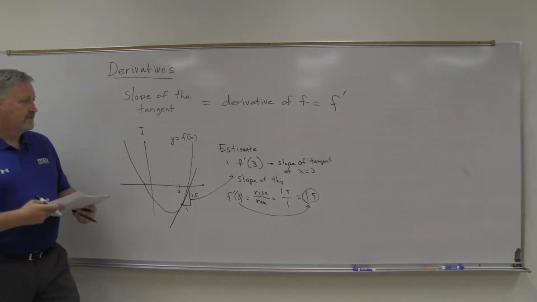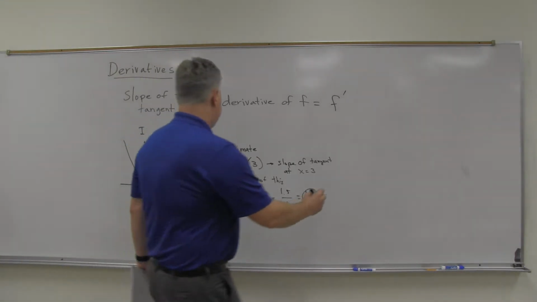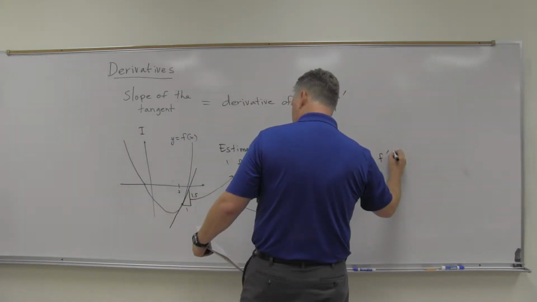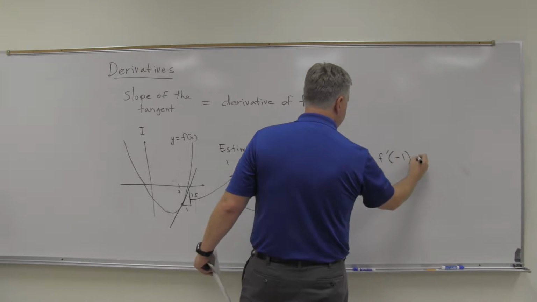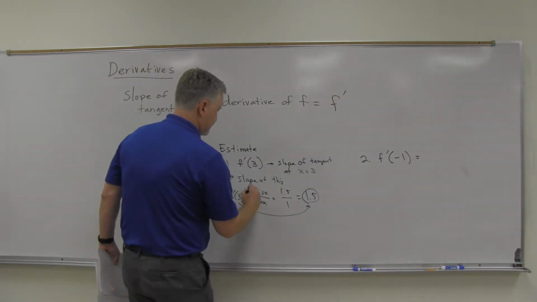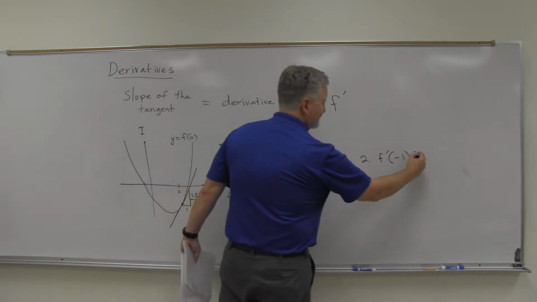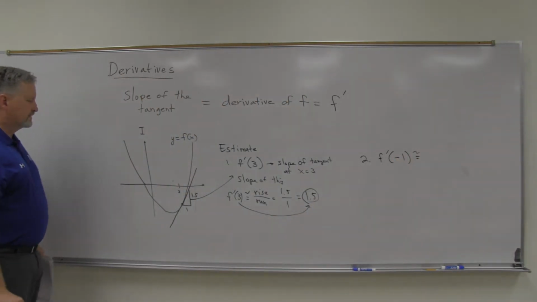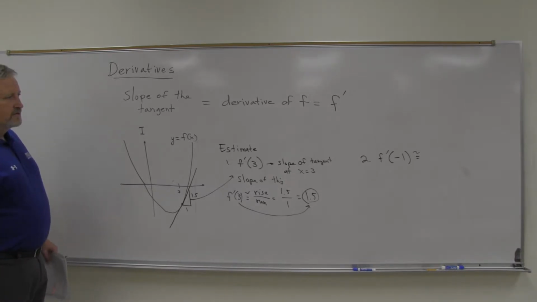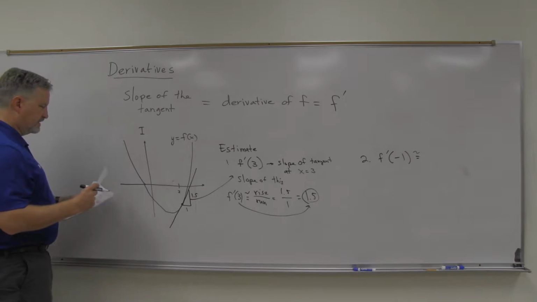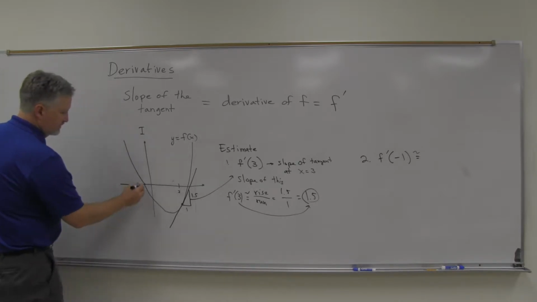All right? So number 2 here, let's estimate f prime of -1. And that's approximate, I guess I should say approximately, because we don't know the function, so we can't really get an exact value. So f prime of -1, same thing. Come over here at -1, that's right here at the x-intercept.